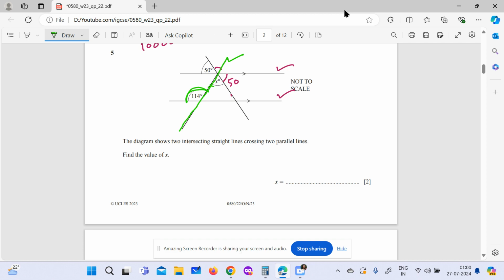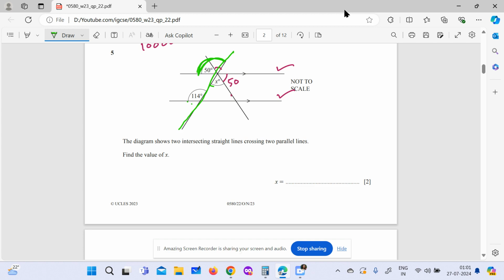Okay, this is not going to work like this. So what we can do is go the other way. Here is 114, and yes, this is 114. This is a transversal line. This is 114, and here you have 114.